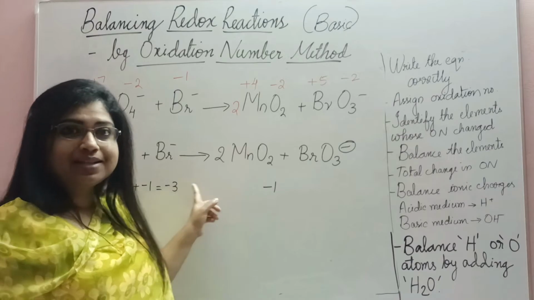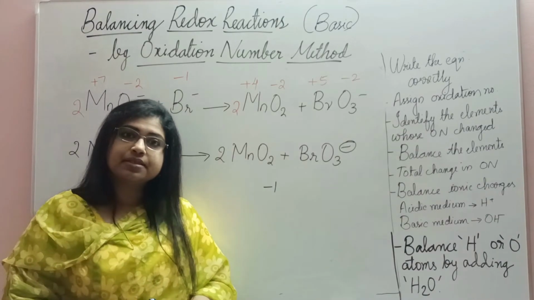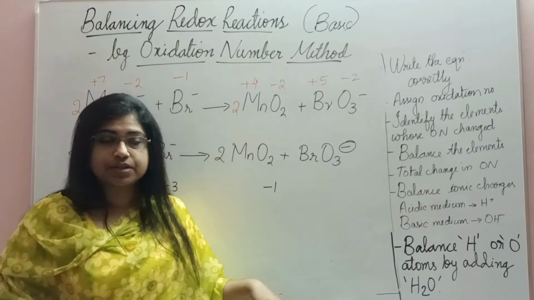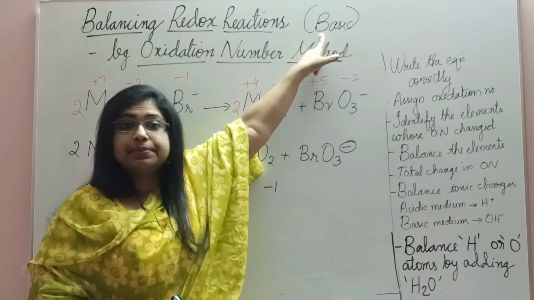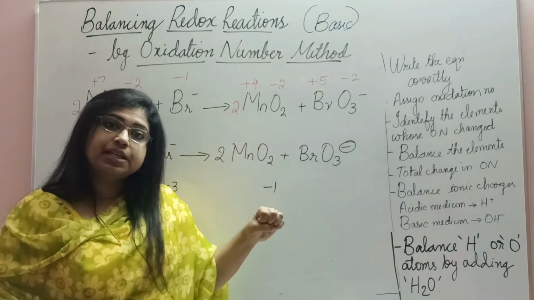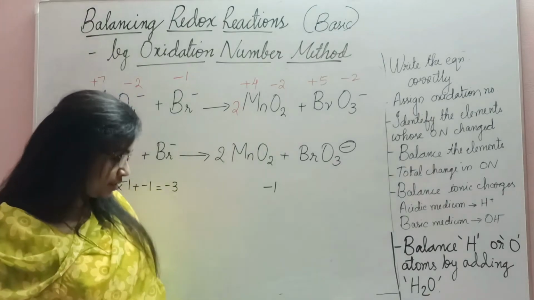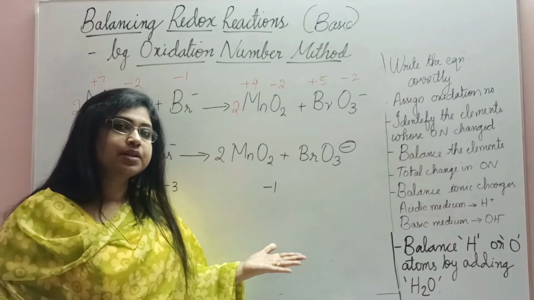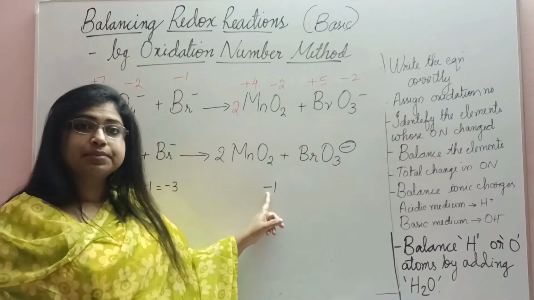How can we equalize it? Whenever you want to equalize the ionic charges, we add either H plus or OH minus ions. But this is taking place in the basic medium. If it is taking place in the basic medium, we need to add OH minus ions. Okay, hydroxide ions. So our question is, where will we add the hydroxide ions? Here there is -3. Here there is -1.